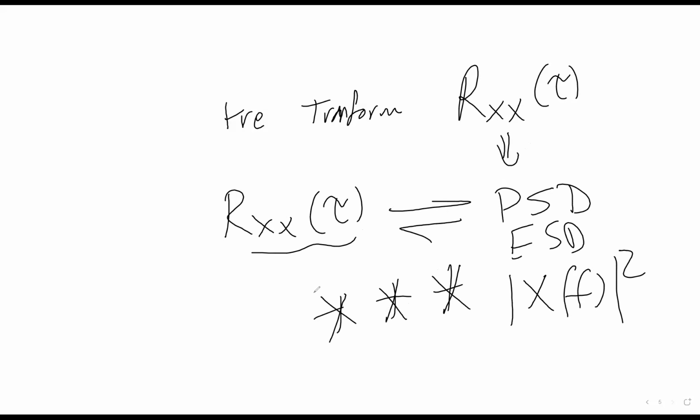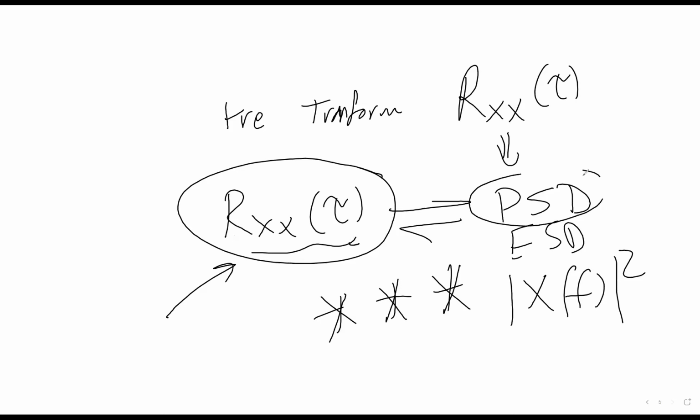The derivation in the book was given for the ergodic case, but the result is valid for any other random process, stationary, non-stationary, or ergodic. The Fourier transform of the autocorrelation function gives us the power spectral density. This is a very important result. Let us go back to the chapter.